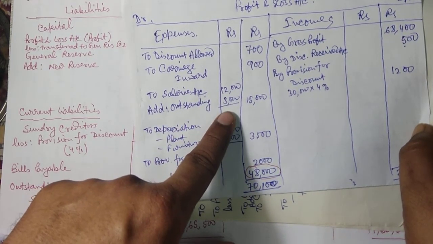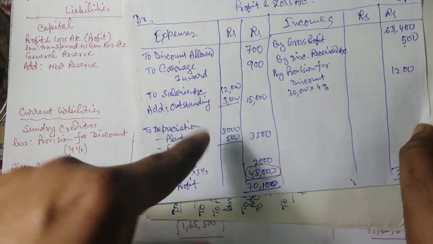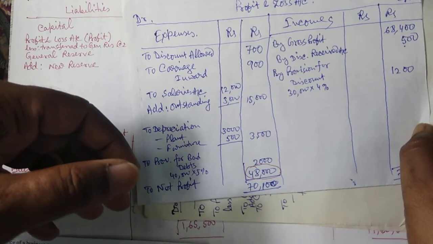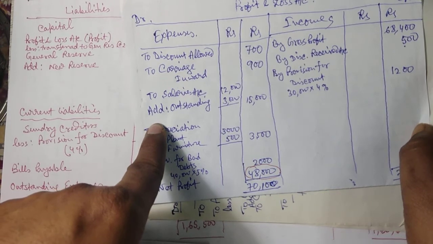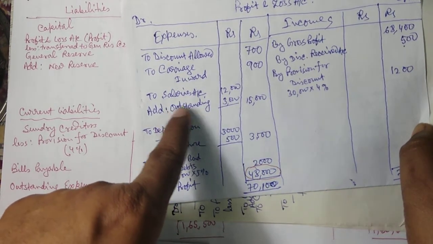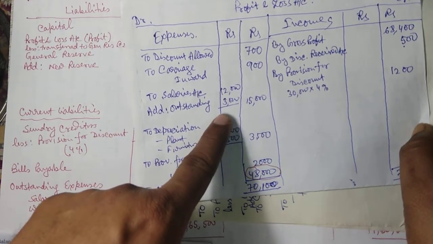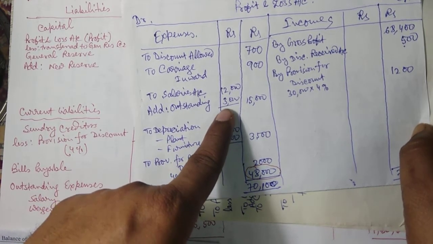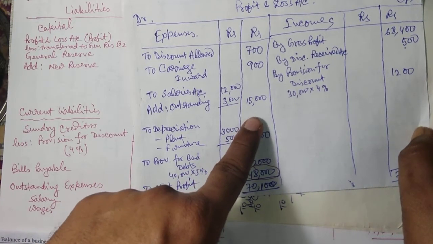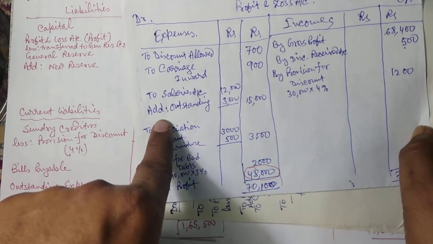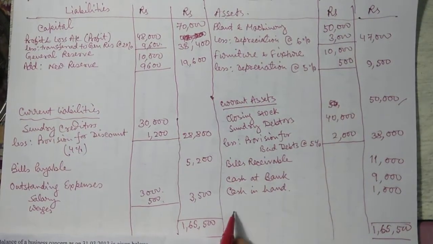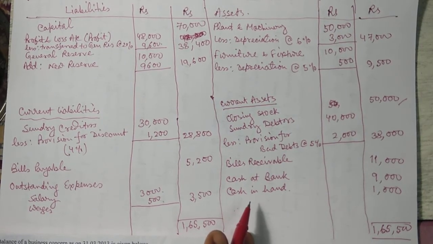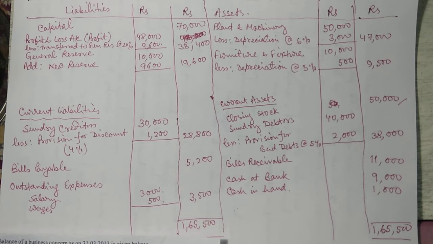Say it is given in the trial balance as 10,000. But in the additional entry, it is further given that there is a prepaid rent of 1,000. Then we have to deduct the prepaid rent from the rent paid: 10,000 minus 1,000, 9,000 should be written here. And 1,000 prepaid rent, that is an asset, should be written on the asset side as prepaid rent. Clear? So if there is any additional entry, you have to consider it twice.